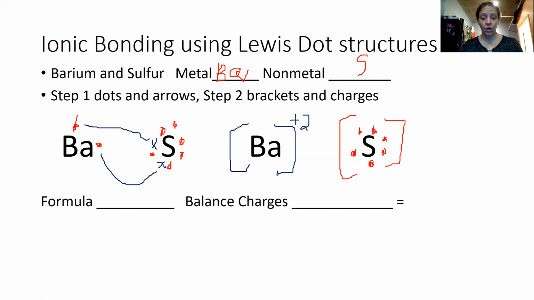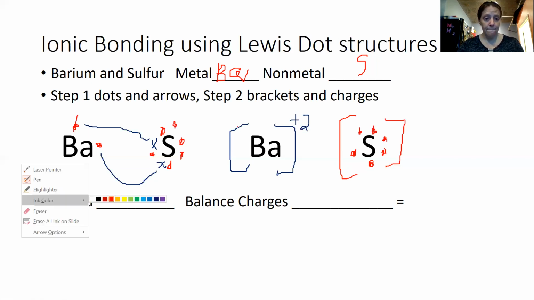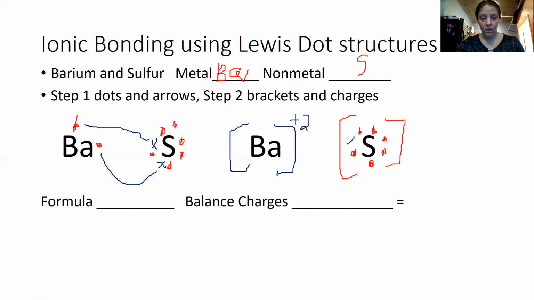All right, so now we're going to put in our blue X's that transferred over. Okay. Then the last thing is we're going to set our charges. So I had 2 electrons transfer in. When electrons come in, electrons are more negative, so that means I'm going to have a negative charge.